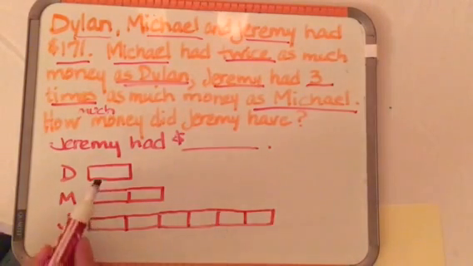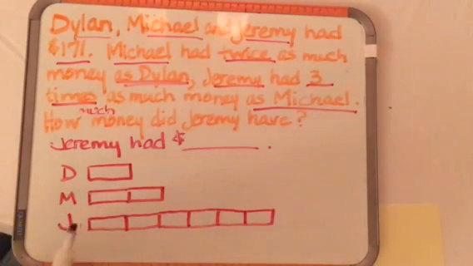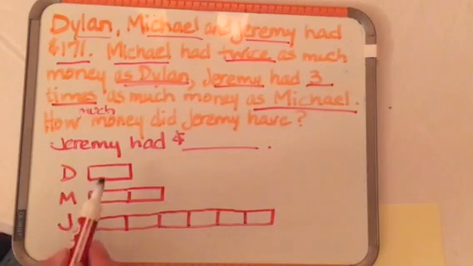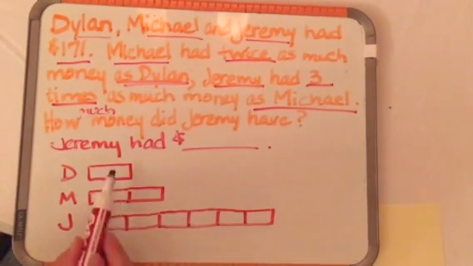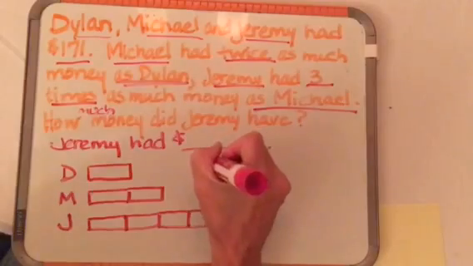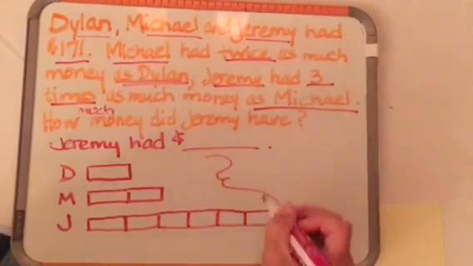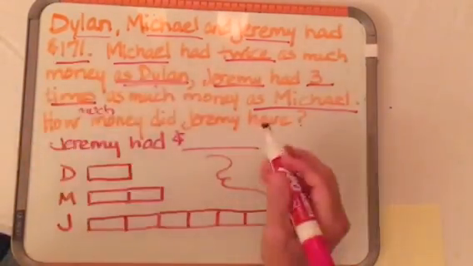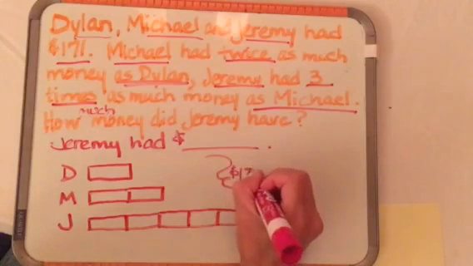So again, with Dylan's bar being our standard unit, I can add up how many units we have in total. So here's 1, 3 here, plus this is 6 more for a total of 9. And all of these bars together need to total up $171.